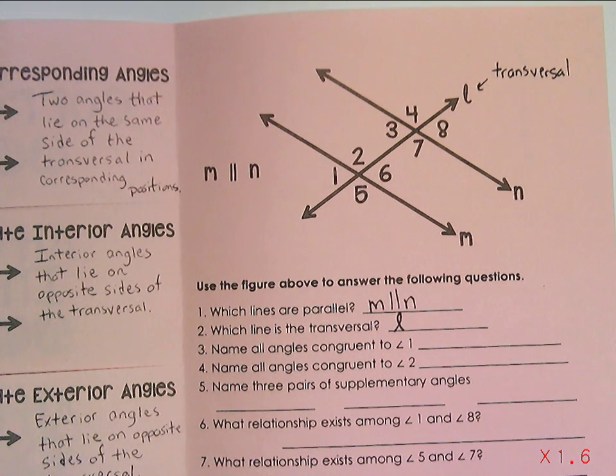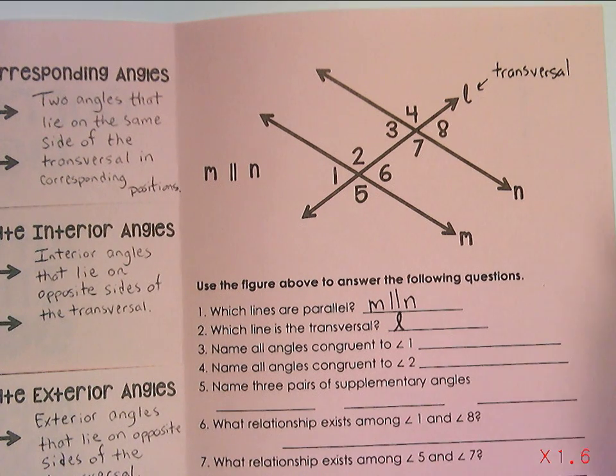All right, so we want all angles now that are congruent to angle 1. So we're going to have to think about our ideas here. Angle 1. And we have to think about the ones that are going to have the same measurement.